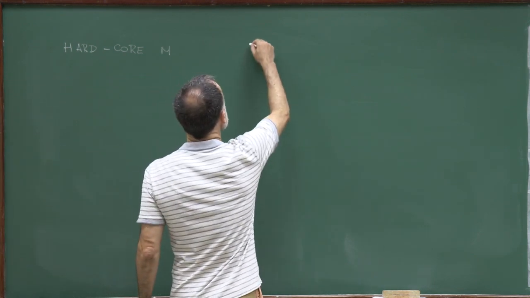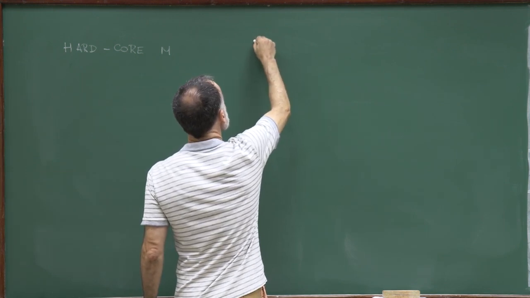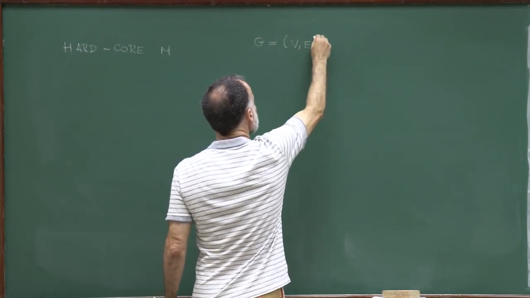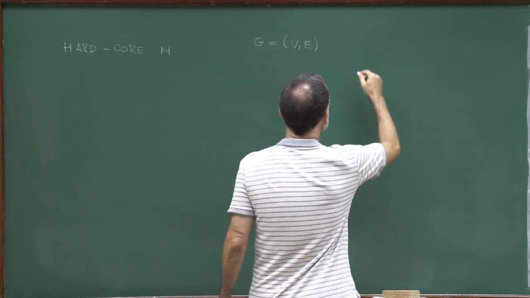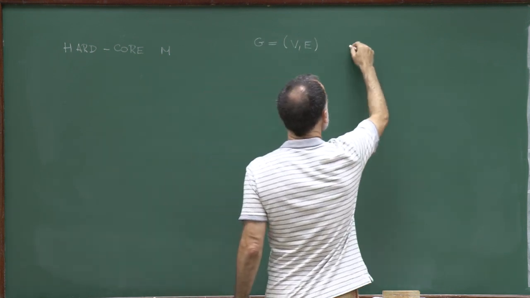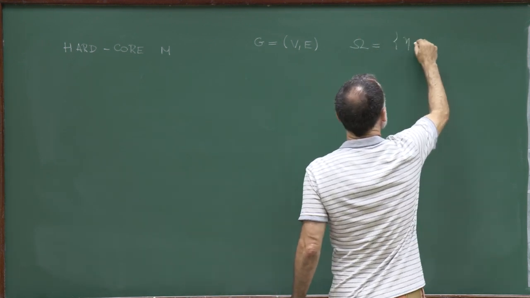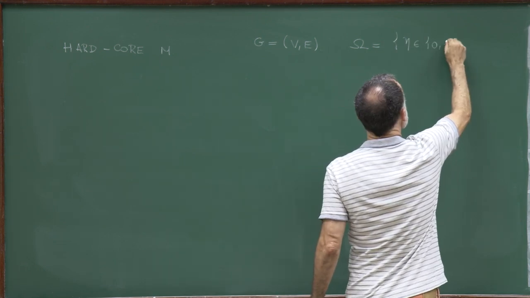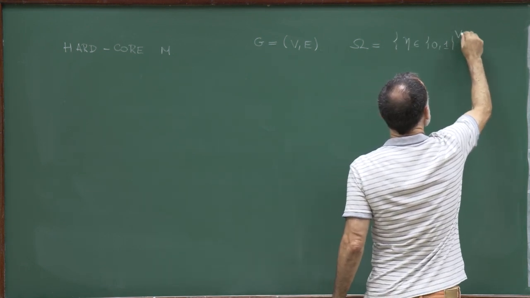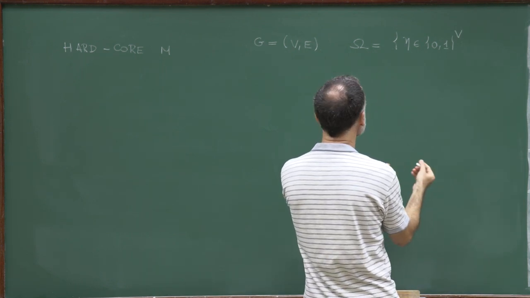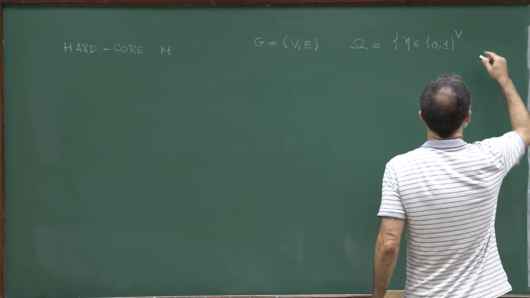Remember, in the hardcore model, we have a graph formed by vertices and edges, and we defined omega to be the configurations in {0,1}^V such that if you take any two sites which are linked by an edge, they are not occupied at the same time.